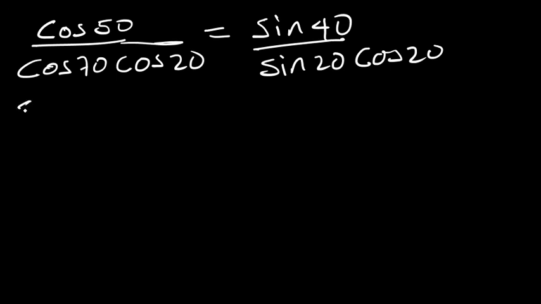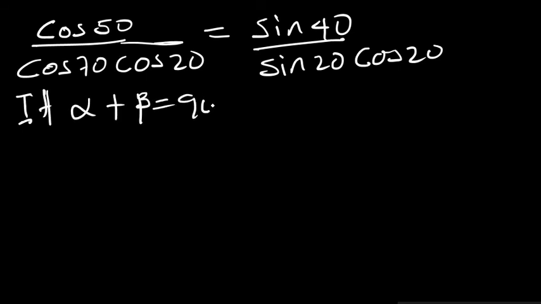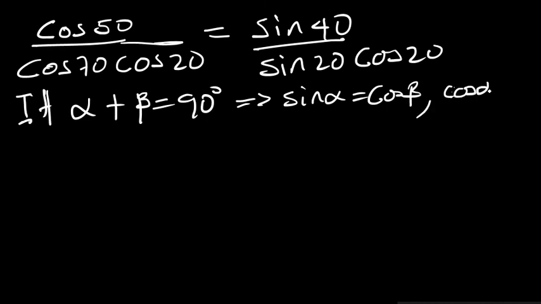The rule says if alpha plus beta is equal to 90 degrees, if we have two angles alpha and beta and the sum of the two angles is 90, this implies sine alpha is equal to cos beta, or cos alpha is equal to sine beta, vice versa.